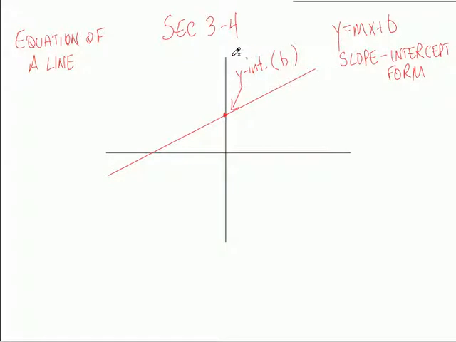Okay. All right. So that's the y-intercept. We use B. Any idea why we use B? I looked it up one time, and if I remember right, I think they use A for the x-intercept, and they use B for the y-intercept. Make sense? All right, so that's why we use the B. But we hardly ever talk about the x-intercept.